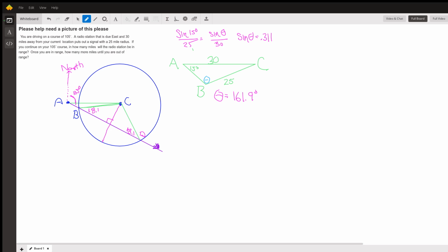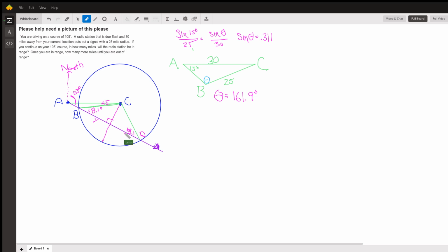So we have a right triangle. We know that the hypotenuse is 25. The angle is 18.1 degrees. And we're going to look for this length, I'll call it y. And we can write that the cosine of 18.1 degrees equals y over 25. And we can solve for y that way.